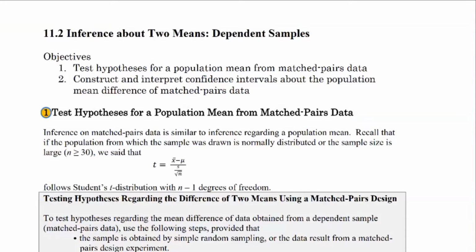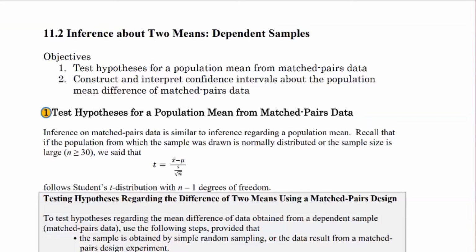What's nice about the inferential methods for matched pairs data is they're identical to the inference that we used when we looked at a single inference on a single mean.